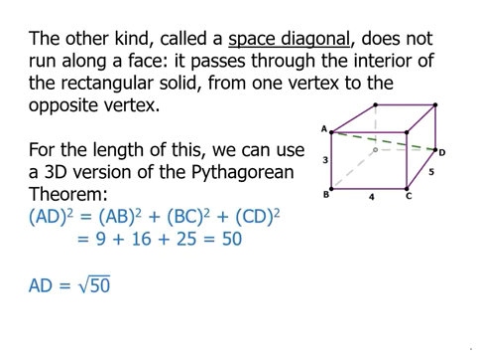So the space diagonal AD equals the square root of 50, and of course 50 is 2 times 25, so we can write square root of 50 as square root of 25 times 2, and the square root of 25 simplifies to 5, so this is just 5 root 2. That was a whirlwind tour of simplifying radicals. If simplifying radicals is something that's not familiar to you, please watch the video on simplifying radicals, where this is discussed in detail.